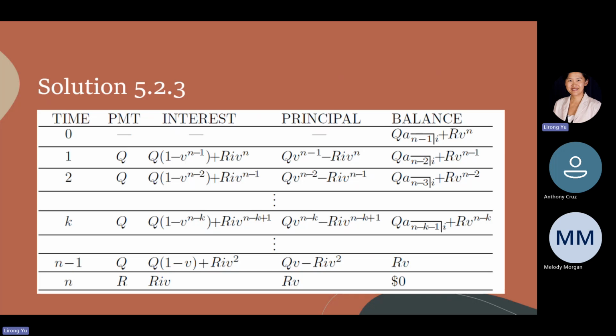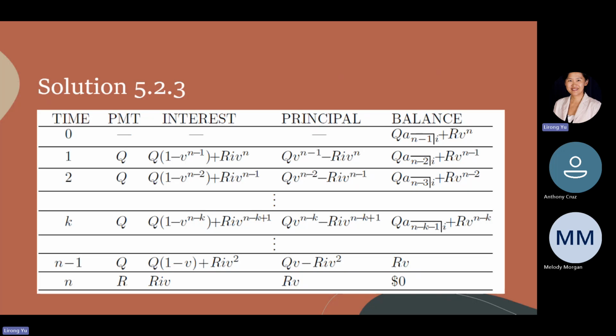And having that, all these payments, the R, is given. So we don't know the outstanding balance. So you have to find out the present value of all the future payments, which will be R times a angle n at rate i. So the balance at time 0 is your loan balance. And then with the same idea, all the balances can be calculated in the same way. Okay, so the balance can be calculated because the payment is all set.